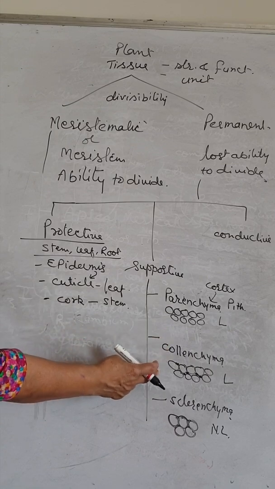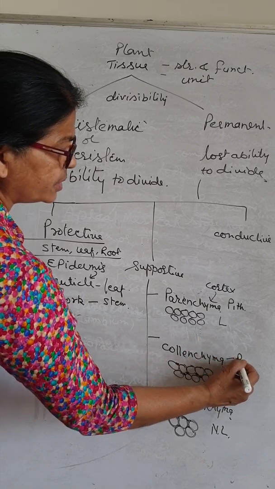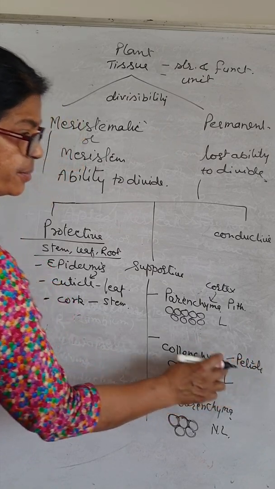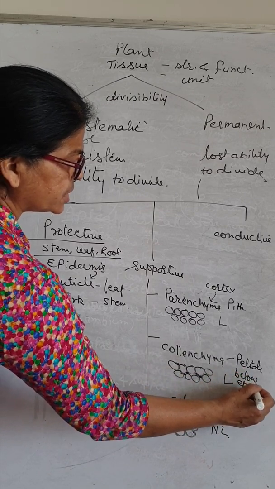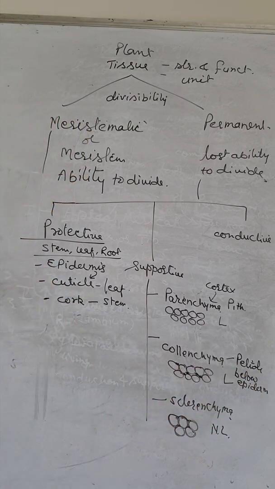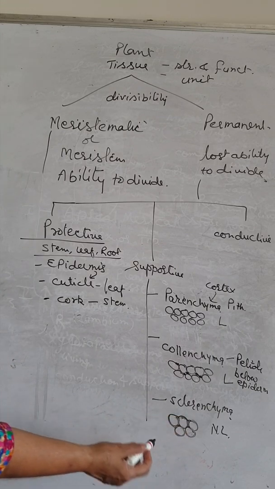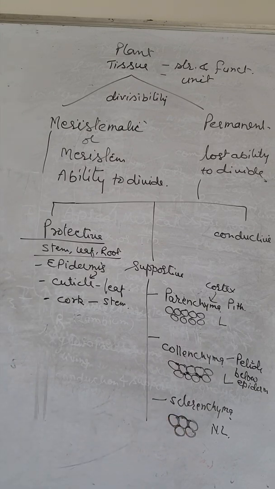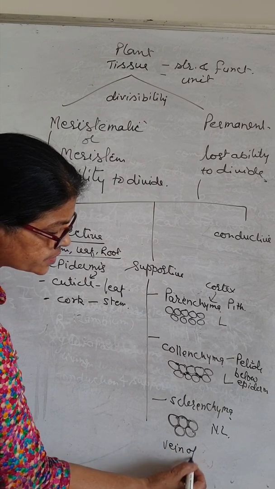The collenchyma is found in the leaf stalk. The leaf stalk is called petiole, and collenchyma is found below the epidermis. And the sclerenchyma, as I told, is made up of non-living cells. Their wall is thick all around the surface. The sclerenchyma is found in the stem and veins of the leaves.